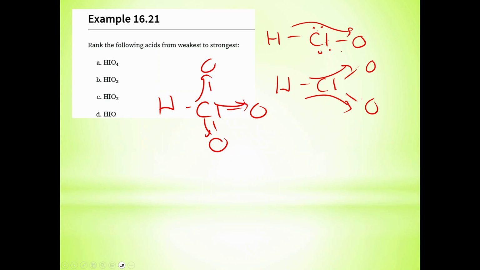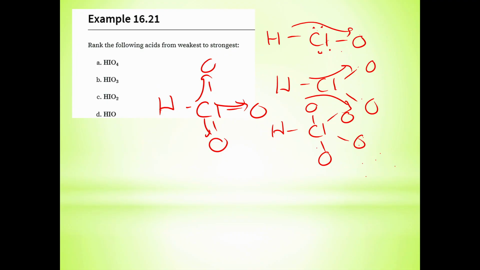Now the pull is so strong that the hydrogen comes off easily. And even more easily is HClO4.